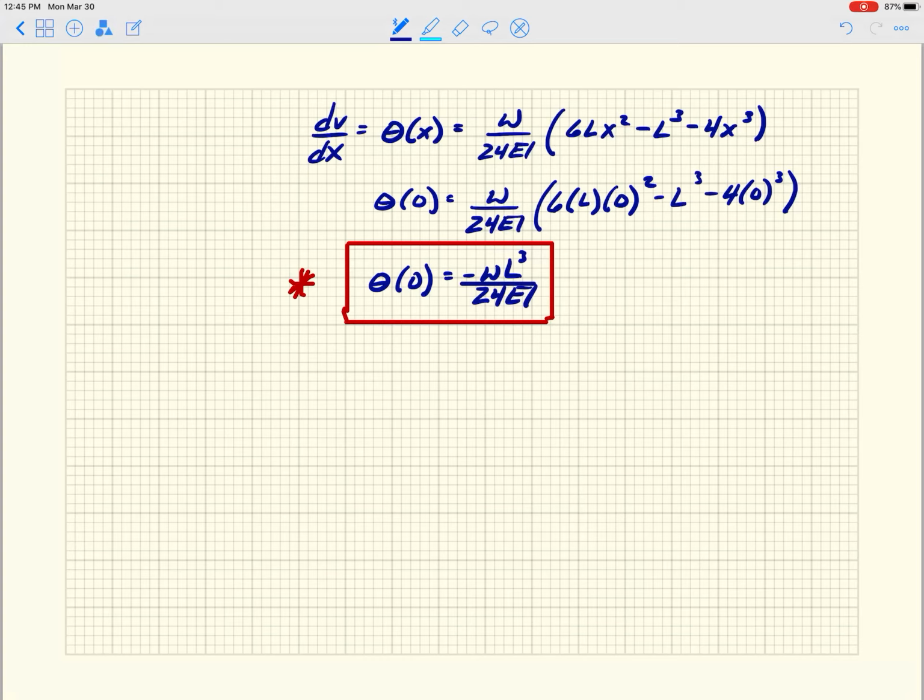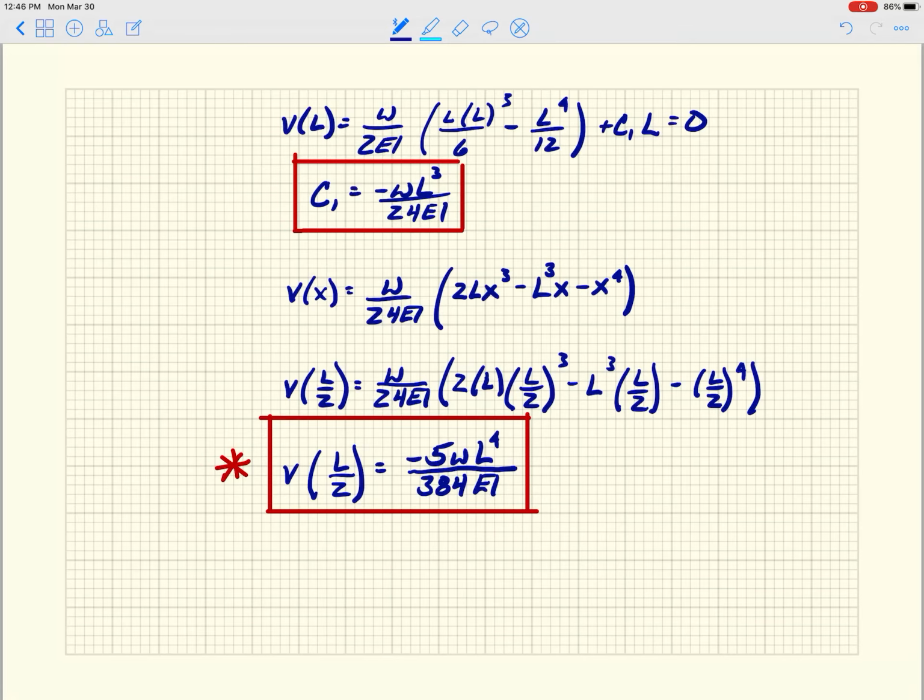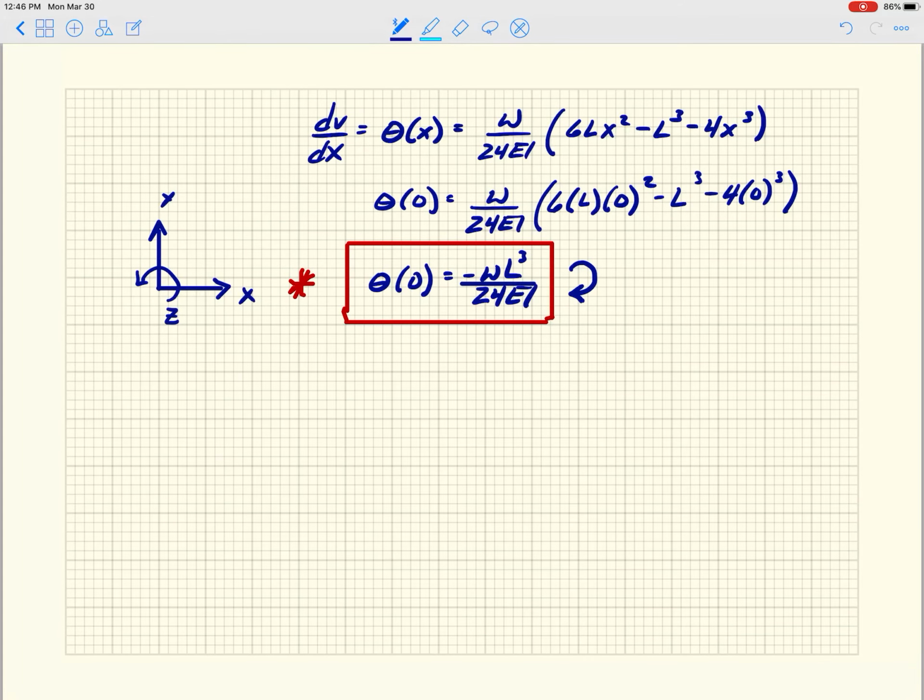If you notice the negative there, this is our universal sign convention. That's X and Y, and that is Z. Z is the right-hand rule. In this case, because it's negative, it's going to rotate in that direction. The negative deflection means it is going to deform downward.